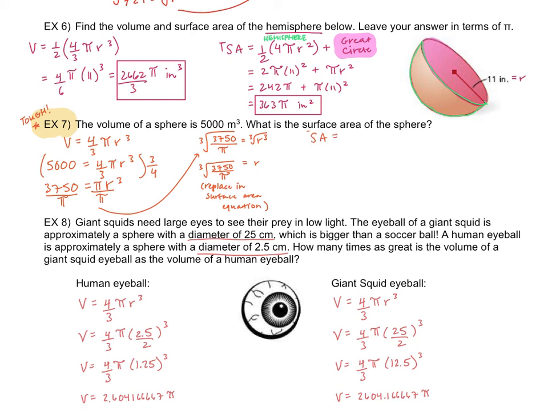So let's write down our formula for total surface area again. It's 4 pi times r squared. So I'm going to go ahead and plug in what I got as my radius. So I have 4 times pi times the cubed root of 3,750 divided by pi, and then that's going to be squared.